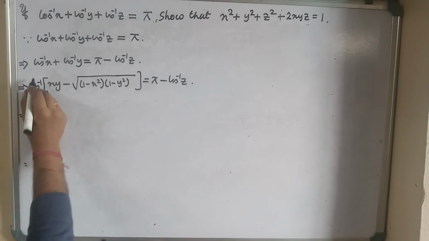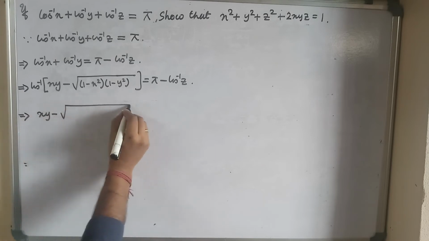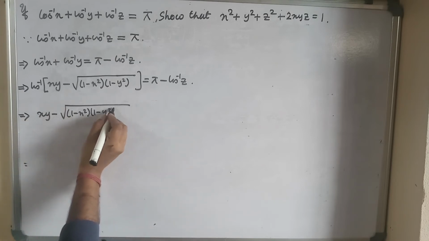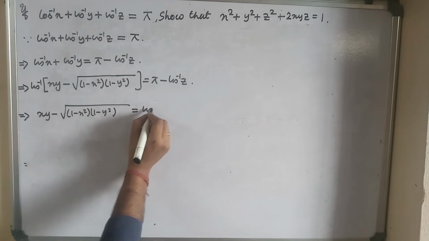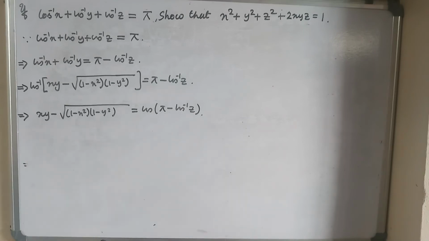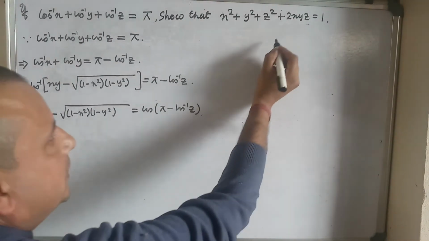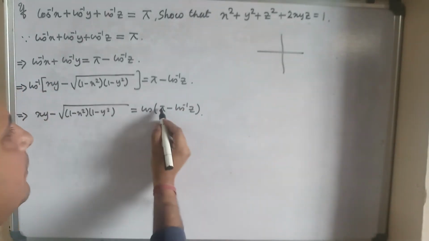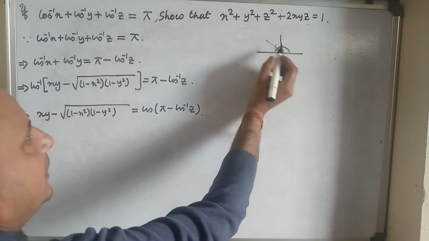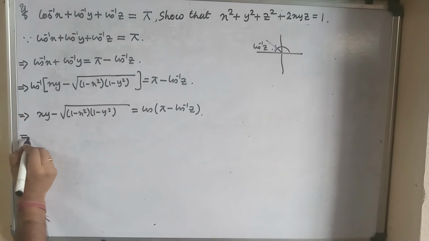Then I'll bring this cos from the left hand side to the right hand side. Now this one will be xy − √(1−x²)(1−y²) = cos(π − cos⁻¹z). We also have to use the concept of the quadrant system. π − cos⁻¹z lies in the second quadrant, and in the second quadrant cos is negative.